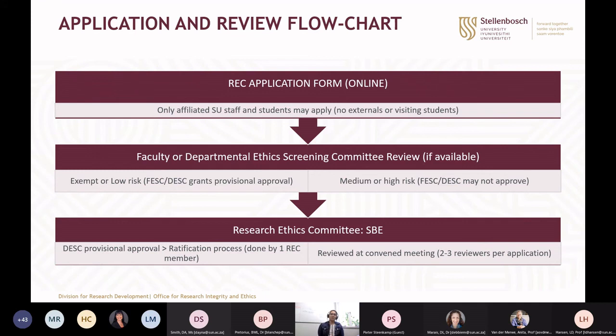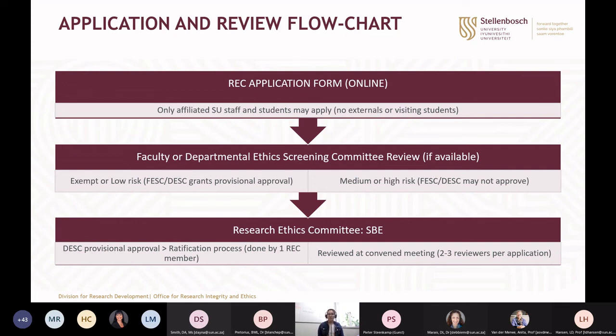What is unique about the Research Ethics Committee, Social Sciences and Behavioral Sciences is that when you submit your application, it doesn't go directly to the REC SPE. We have department ethics screening committees and faculty ethics screening committees. I think what confuses many of our previous applicants is that they assume when they click submit on their application, it goes straight to our office.